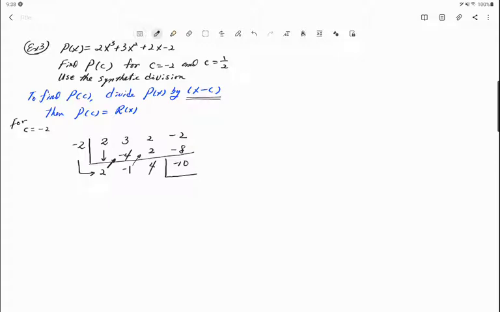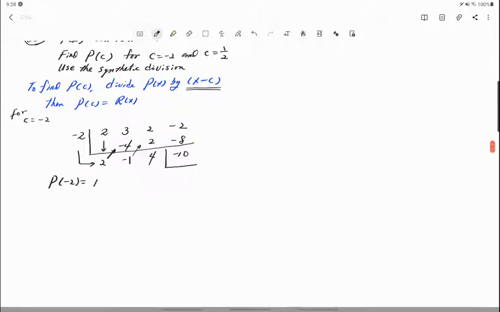When we divide the polynomial by x minus c, then p of c is the remainder. So the answer, what is p of negative 2? That's the remainder.